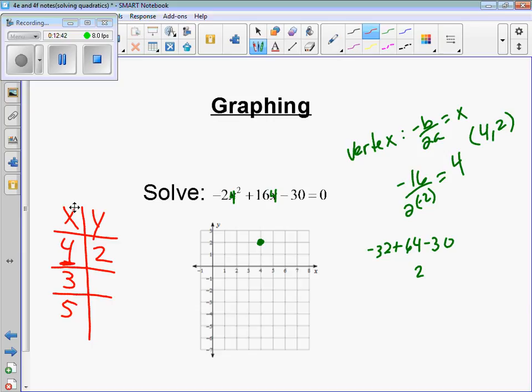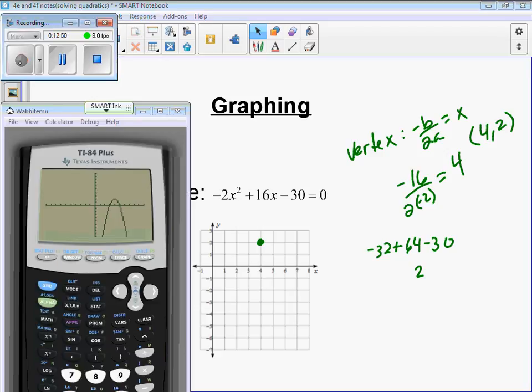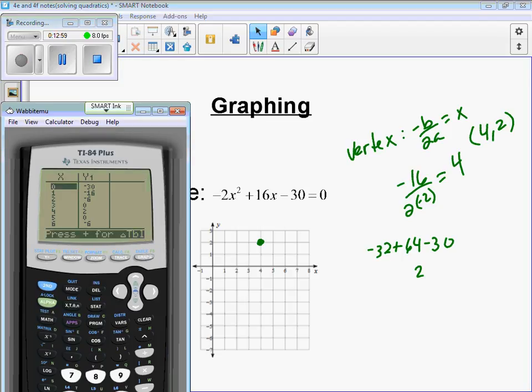If you don't want to substitute it in, you can use your calculator, which I'm about to show you. So here's your calculator, and if you go to the table, and you look at 3 and 5, really what you're looking for is where does the y equal 0. So 3, 0 and 5, 0.